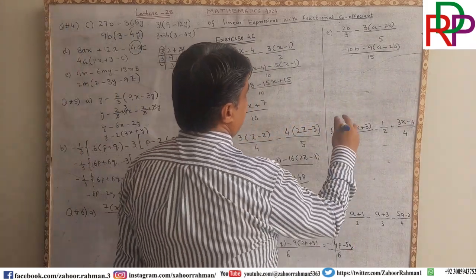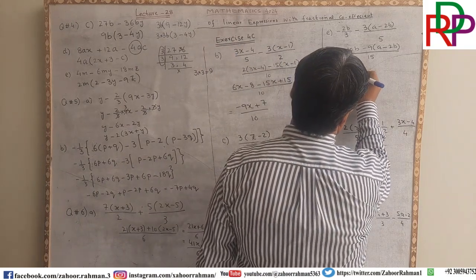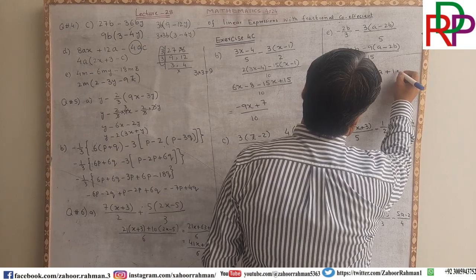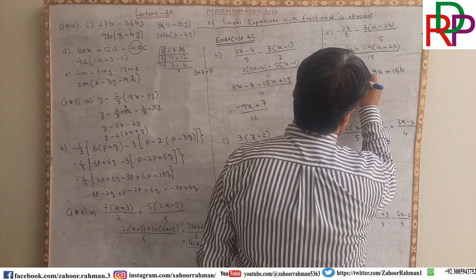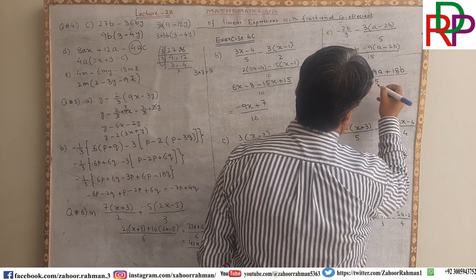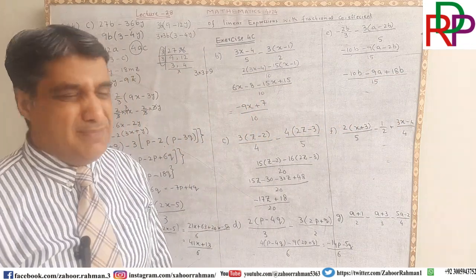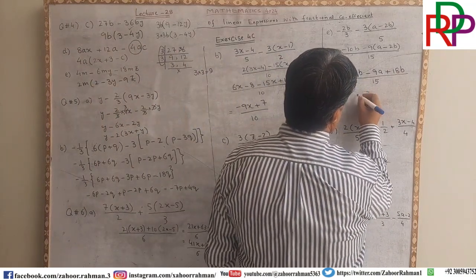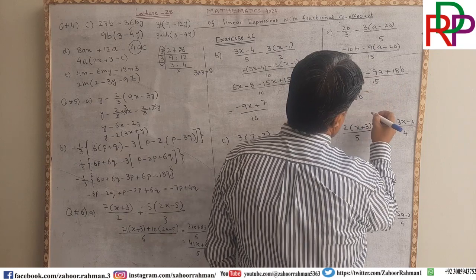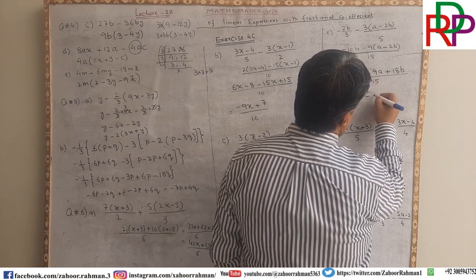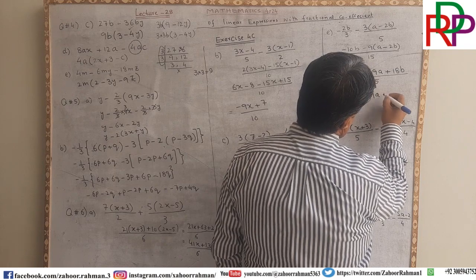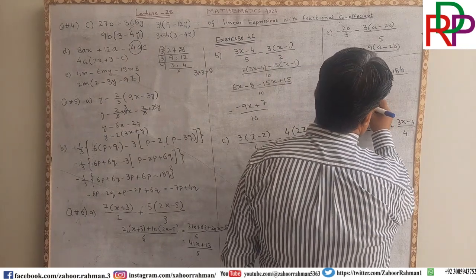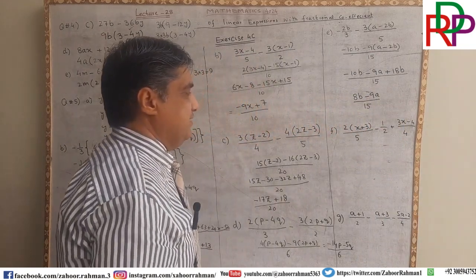So here I am writing minus 10b minus 9a plus 18b, whole divided by 15. Minus 10b and plus 18b will give you 8b, and minus 9a is alone, so we have to write it like this, divided by 15.